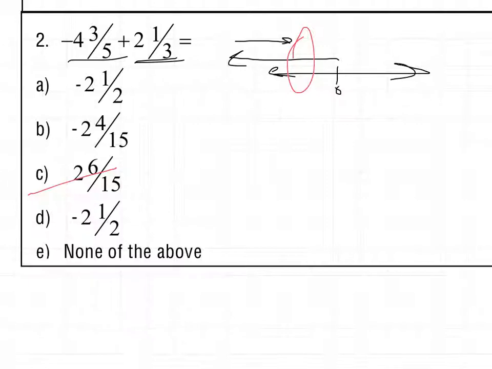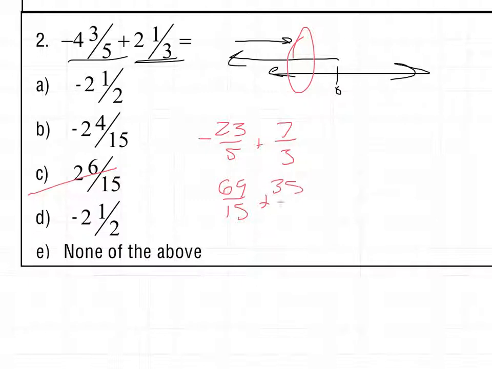So this is going to be 23 over 5 plus 7 over 3, except right now we're thinking about this as being a subtraction. So we'll get to that here in a second. We still have to get common denominators here. This is going to give me 69 over 15 and 35 over 15.